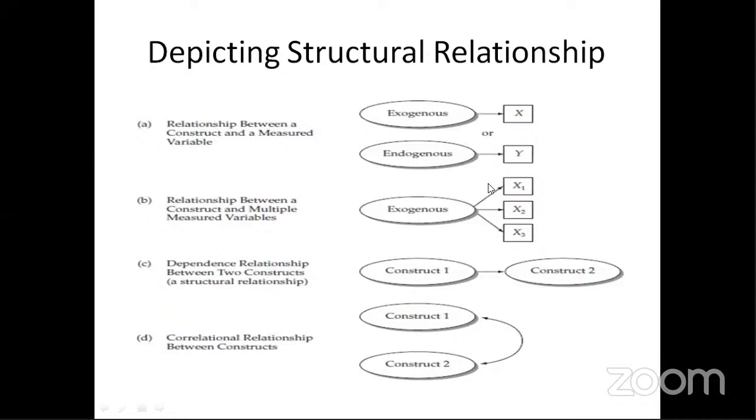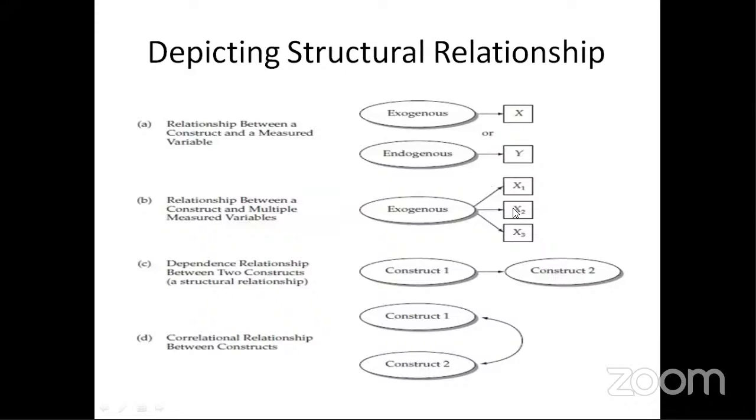For example, in HR the constructs can be loyalty, satisfaction, employee retention. You can never imagine loyalty as a totally independent variable affecting employee retention. Loyalty will go with satisfaction, so it is bound to have some correlation between these two variables.